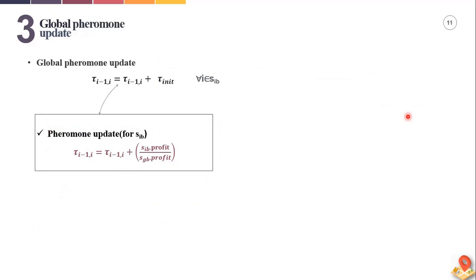In global pheromone update, we increase the pheromone of the edges of the best path in the current iteration. This is the ratio of the profit of the best path in the current iteration to the profit of the best path in all iterations.